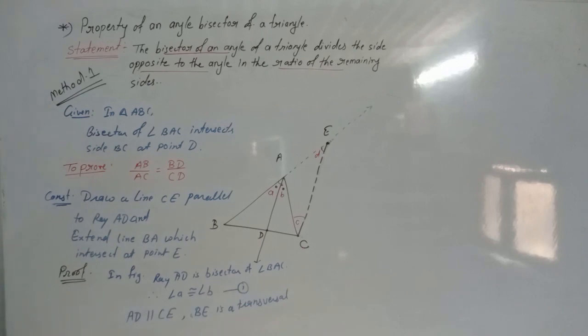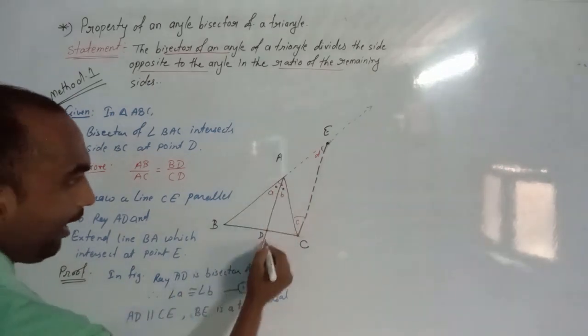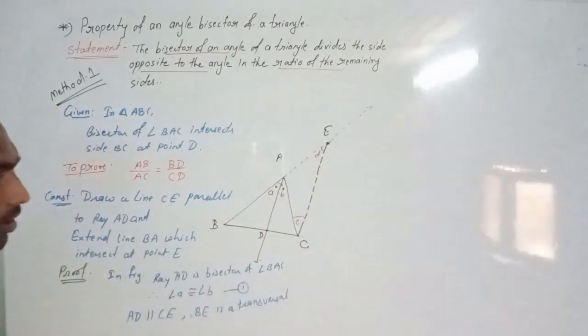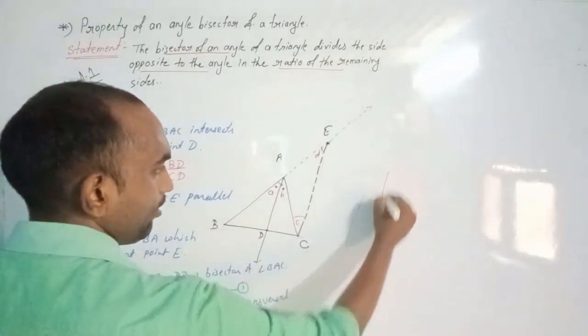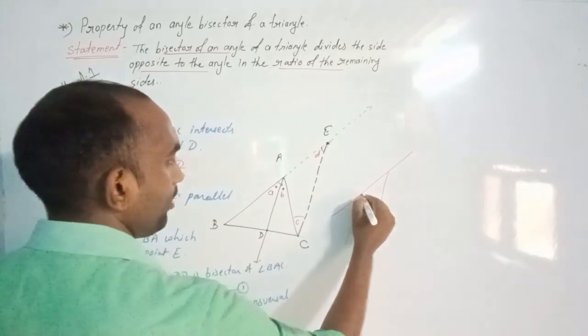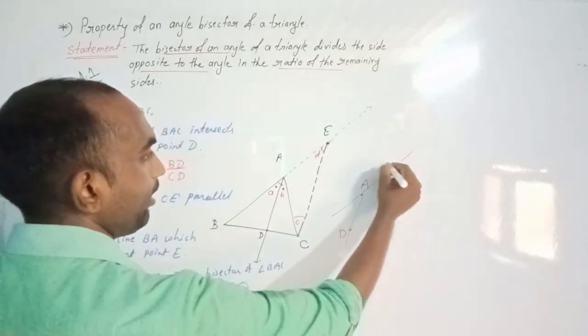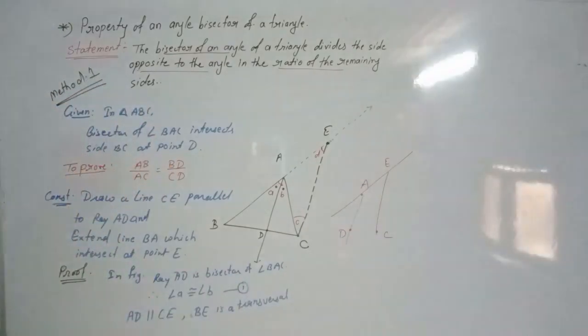See here, AD is parallel to CE, and I consider this one a transversal. So my figure looks like this. This one is A, here D, here C, and here E. Is that clear?